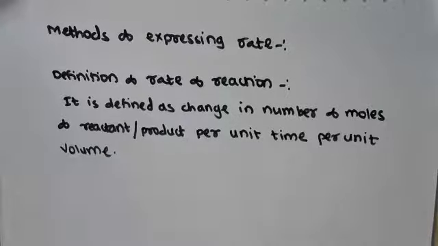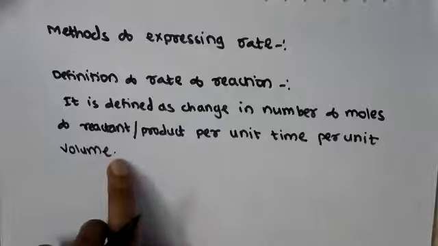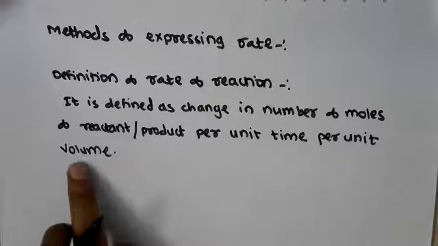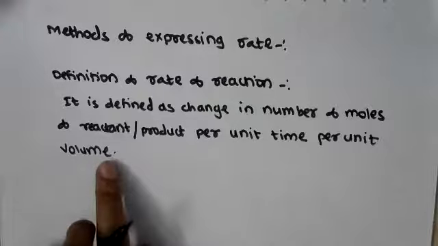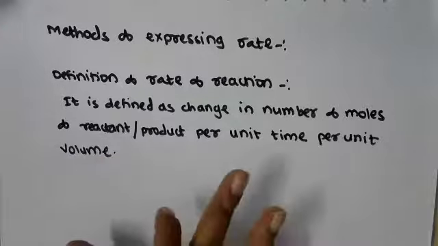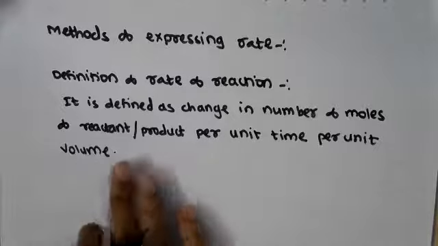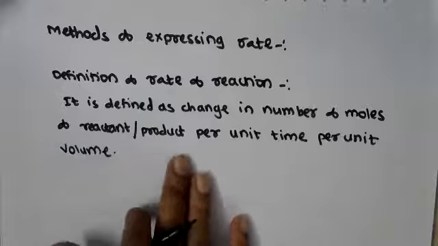Now please remember, this volume means the volume of reaction mixture, but it is the common practice to write simply a volume instead of writing it as a volume of reaction mixture.